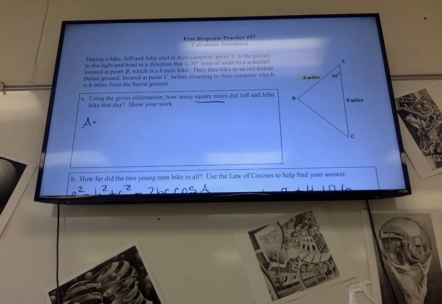So this side and this side, any 2 sides are consecutive on a triangle, and then the angle in between those is this one. So it would just be those 2 sides times the sine of the angle in between. And then you could just plug that into your calculator and work it out. Is that cool?